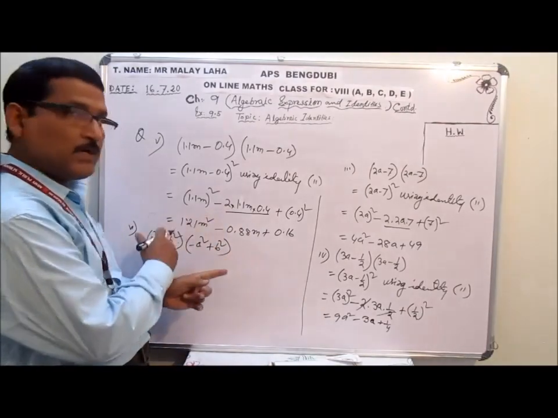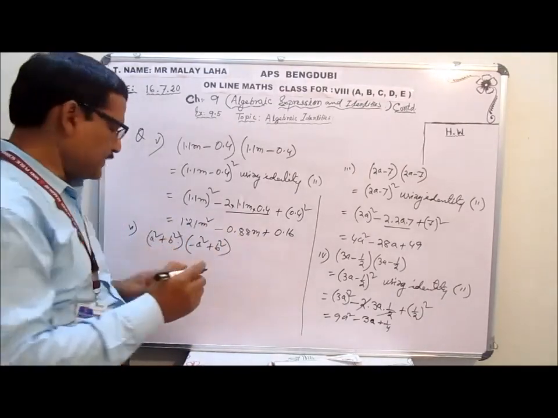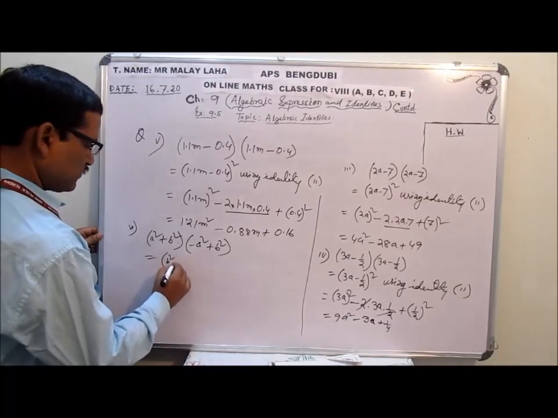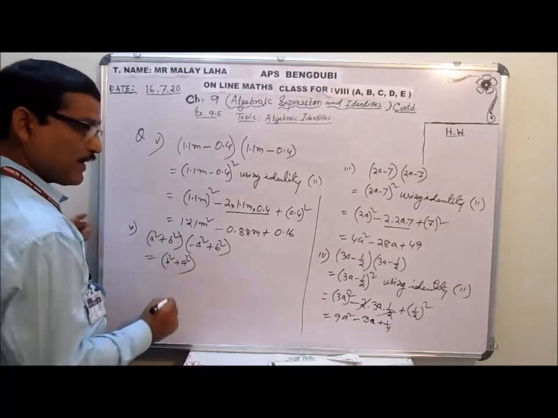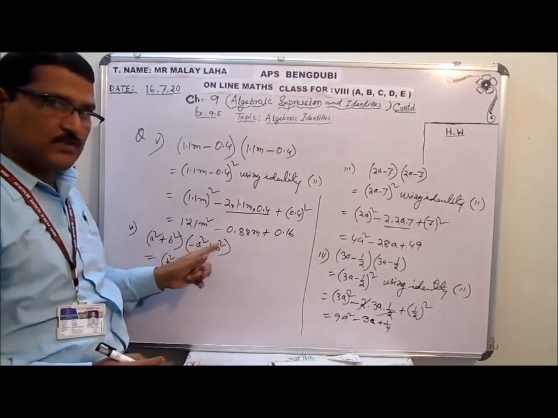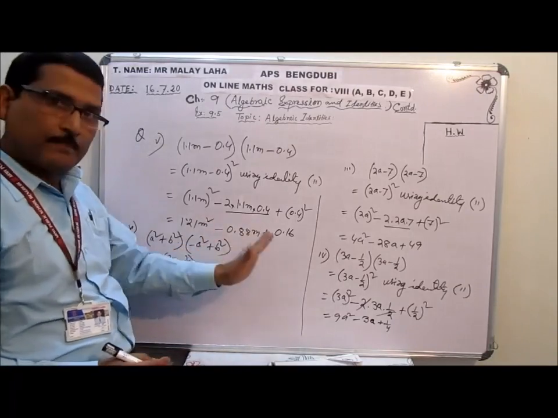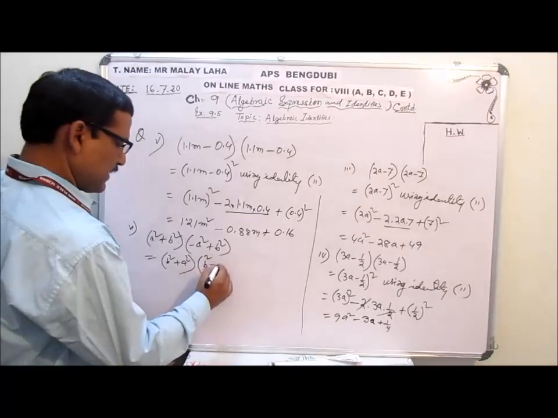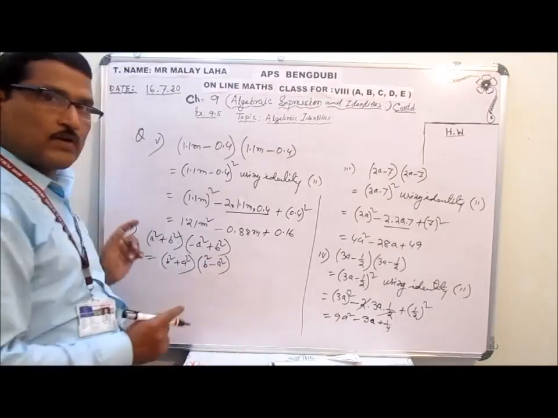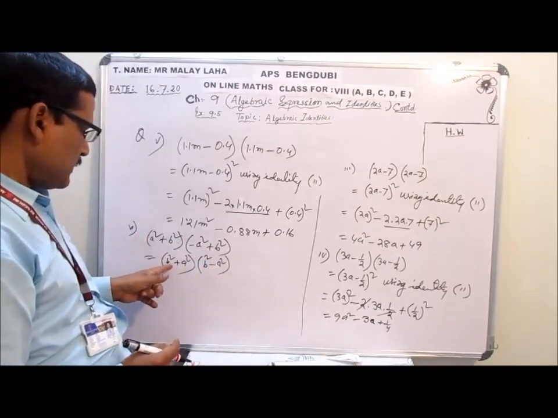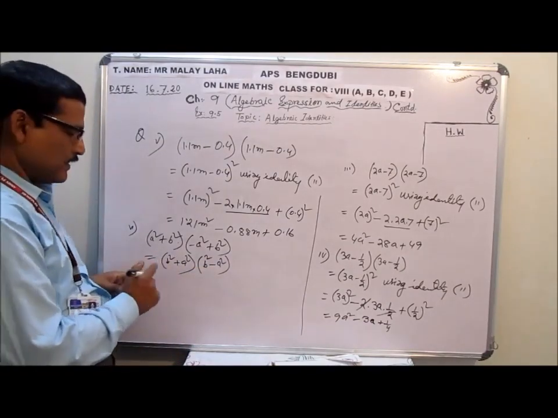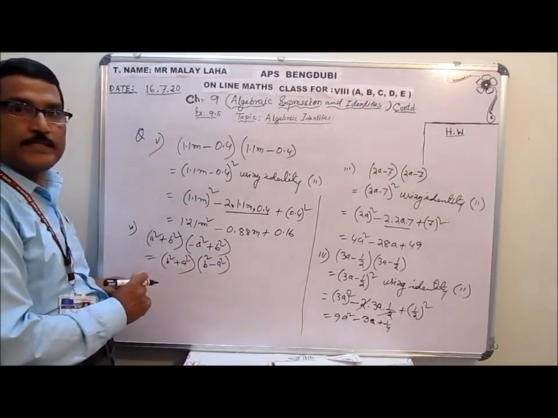So here b will come first and a will come later. So if I rearrange it, it will be b square plus a square. Why am I doing it? Because this minus sign should go at the back. So it will be b square minus a square. Now you will not face any problem. So this b square will be treated as a and a square will be treated as b.